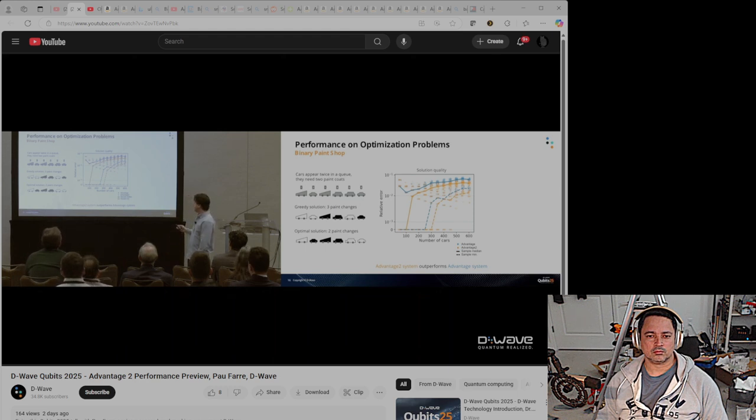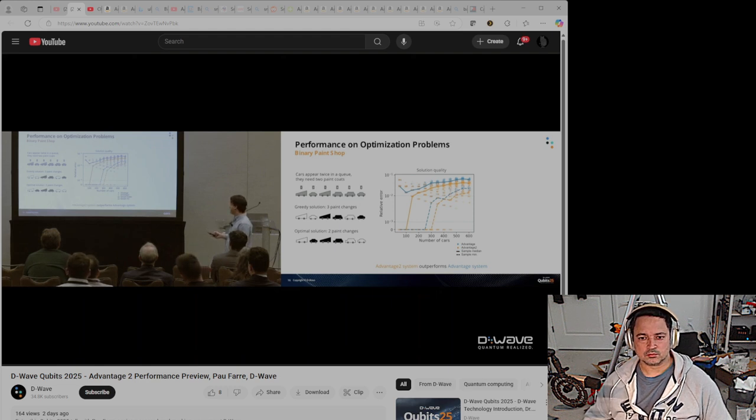These lines go through the median over a collection of problems per size. The dashed lines show the sample minimums out of these calls of 1,000 reads. And Advantage 2 is able to find the optimal solution for larger problems than Advantage.